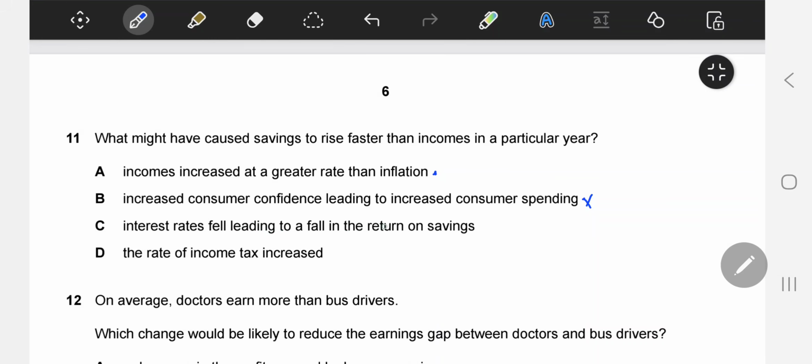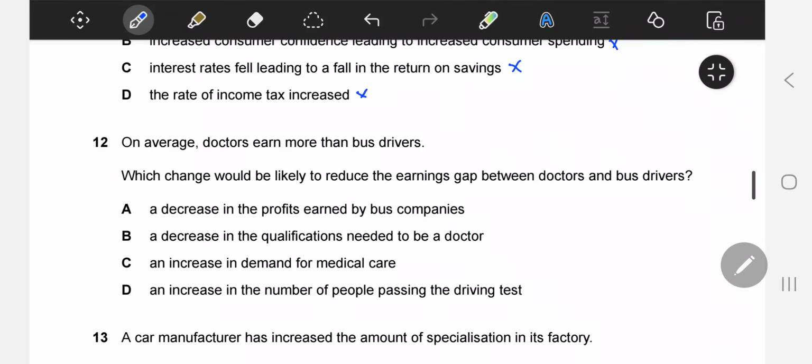If returns on savings fall, then people are not going to want to save. The rate of income tax increased? Then people are likely to have less to spend and therefore even less to save, so this one cannot work. For 11, A is the closest that I can choose. Let's move on to 12.